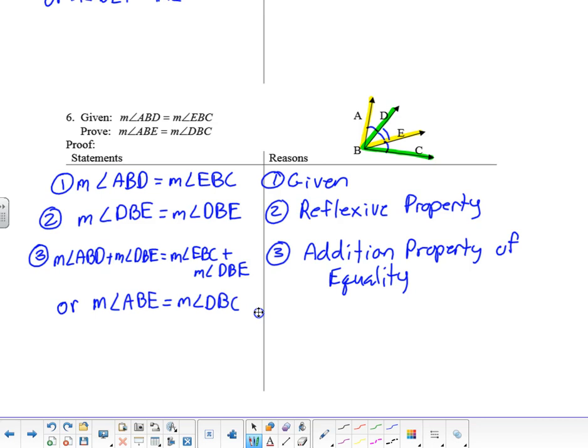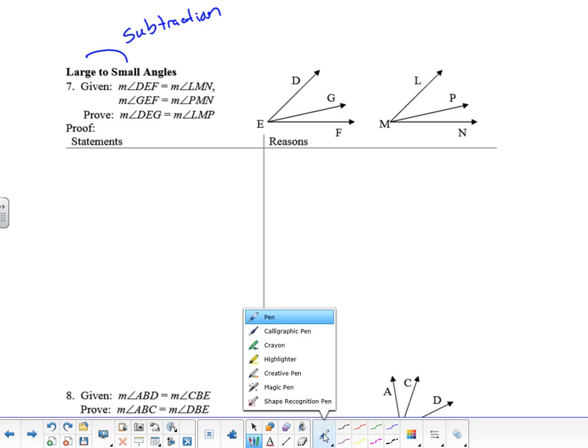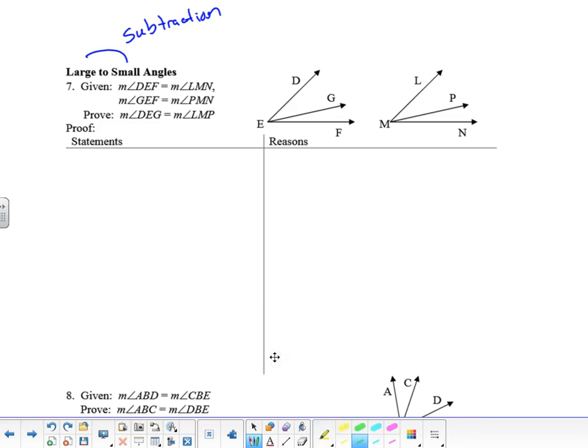My football coach used to say repetition is the mother of learning. So this lesson has a lot of repetition in it. All right, now we're going large to small, so we're going to think subtraction. Okay, so given angle DEF, all right, let's mark that on here. I'm going to use a highlighter because that's a bigger one.